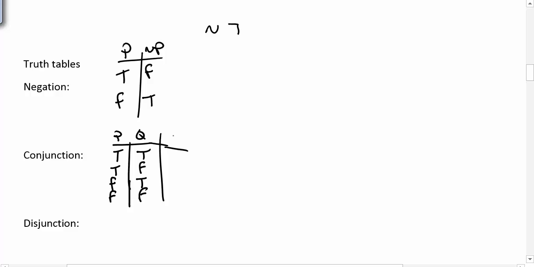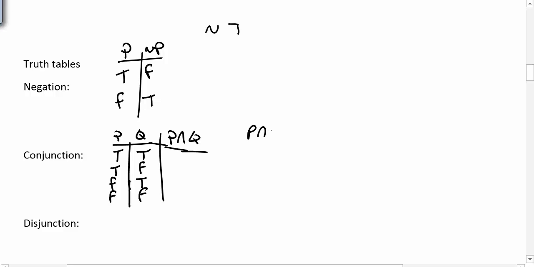Okay. All right. A conjunction is this idea of and, and we use a caret-looking symbol, one that you might view as sort of an exponent, to represent a conjunction. And a conjunction is true only if both statements are true.